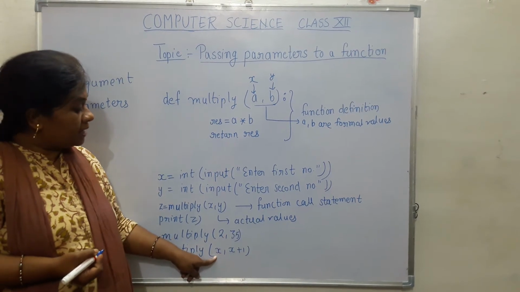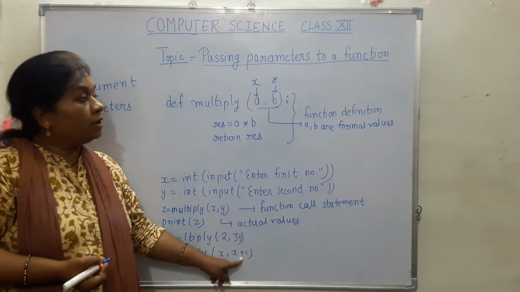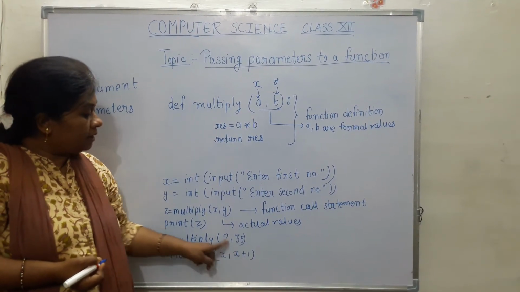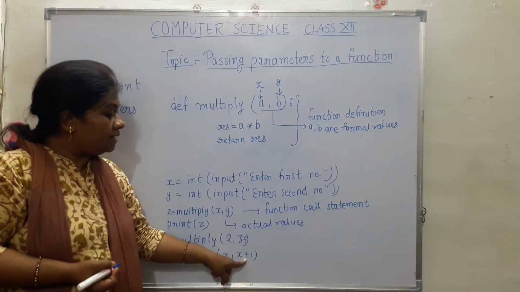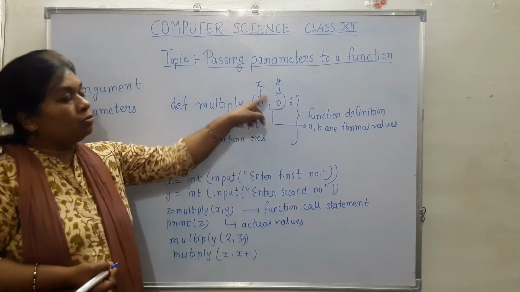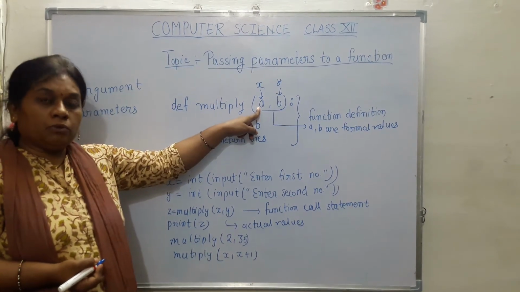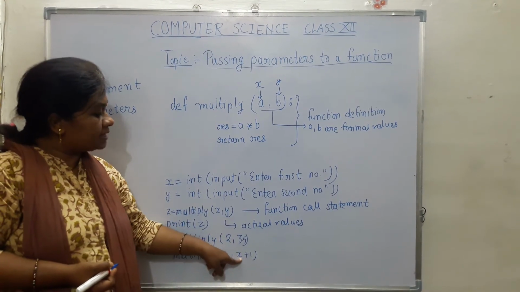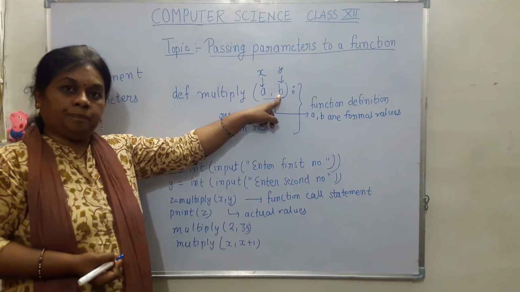So we can send a variable, a literal, or an expression to a function definition. In this case, x gets passed to a, and the value of the expression x plus 1 is received by the parameter b.